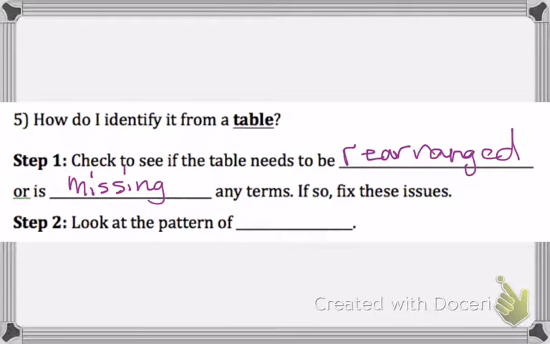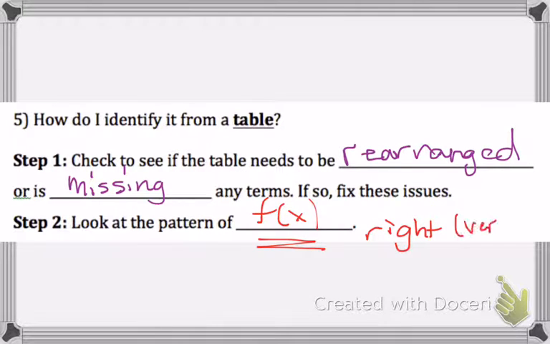So if it needs either of those things, you're going to rearrange it. And then what you're going to look at is the pattern in the f of x portion of the table, which is usually the right in a vertical table or the bottom in a horizontal table.